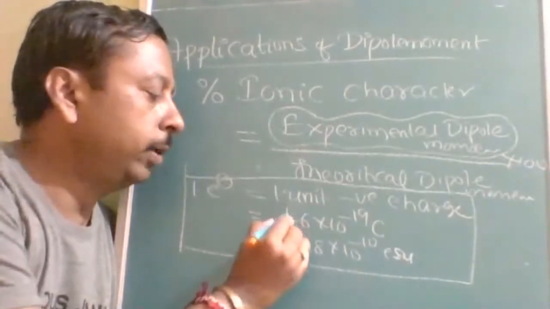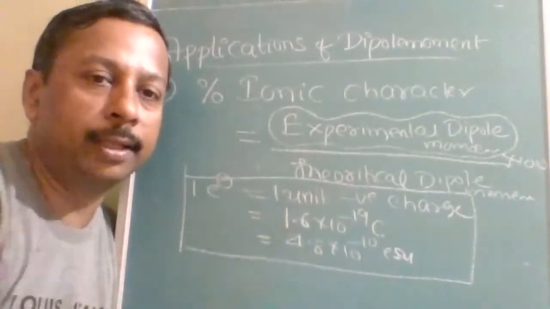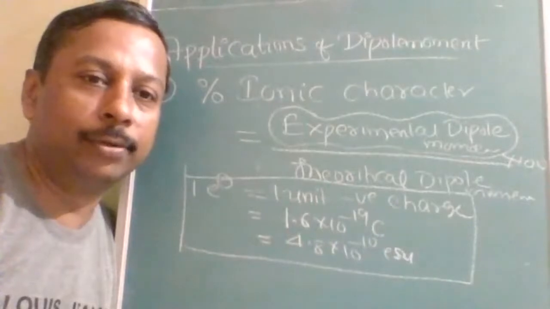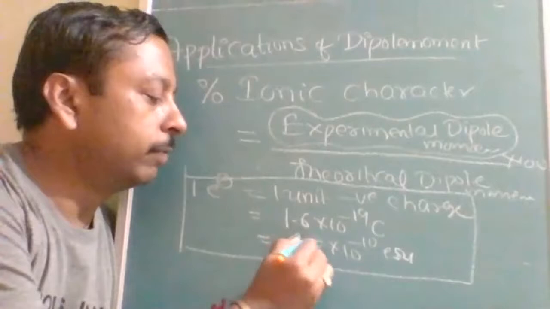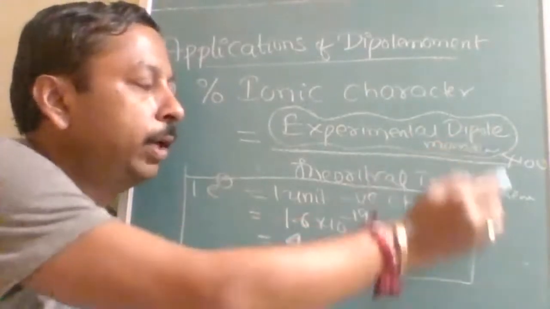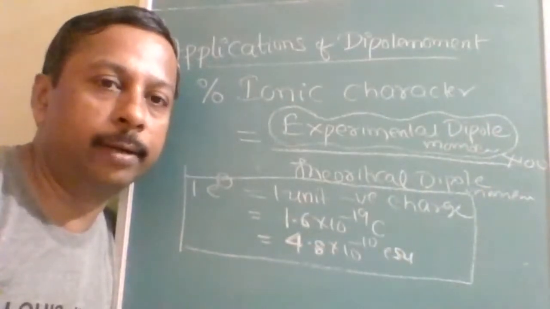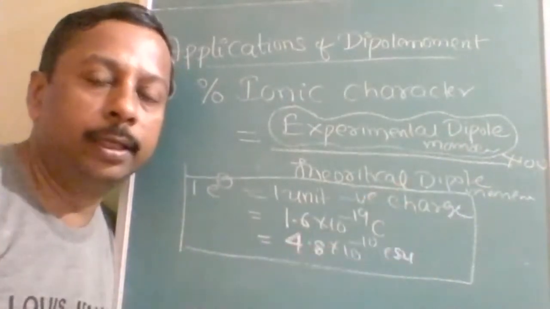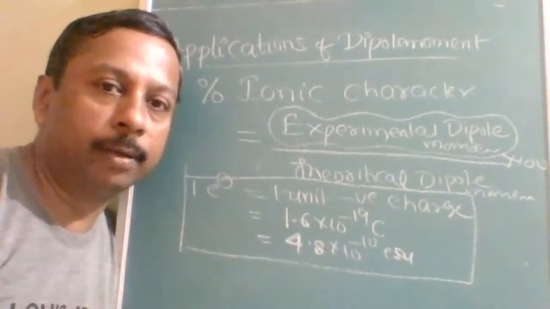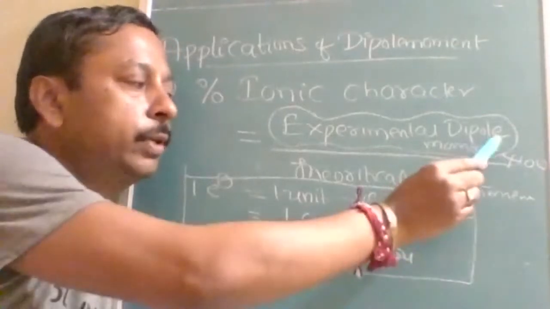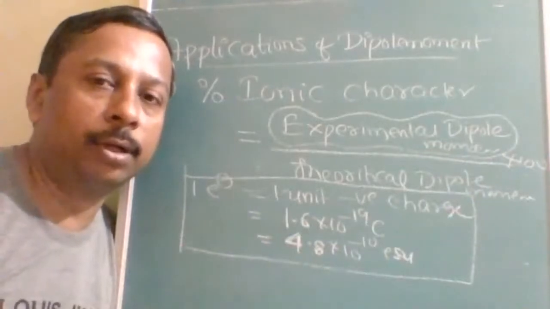How will you remember? Just twist this value: 6 is twisted, then you will get the 19. 1.6 into 10 to the power of minus 19 coulombs. In terms of ESU, make sure that either both are in ESU centimeter, in which case no conversion is required, or both are in coulomb meter, and you need not convert. If one is in ESU centimeter and the other in coulomb meter, convert both to a common unit.